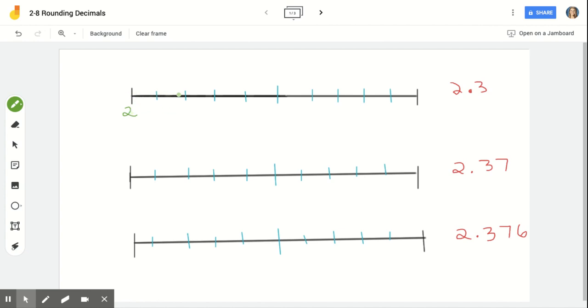On the other side, I'm going to put the next whole number after 2, which is 3. So 2 3/10 is somewhere between 2 and 3. But which number is it closest to? 2 or 3 wholes? Go ahead and point with your finger, 2 or 3.